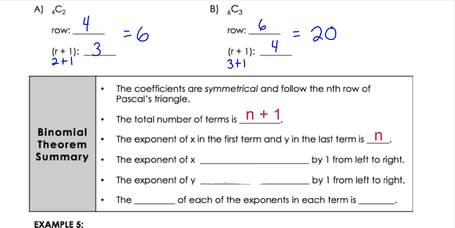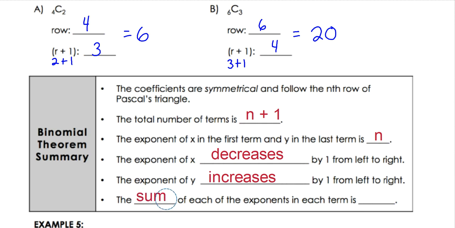And then what happens as we move across our answer, the exponent of x is always decreasing by 1 from left to right. So if we started with x to the 4th, then in the next term it would be x to the 3rd, so on and so forth. And the exponent of y is doing the opposite. It's increasing by 1 from left to right. So the first term is just x to the n. There are no y's. Then the second term is going to have y to the 1st power, and it keeps going up until we reach n.